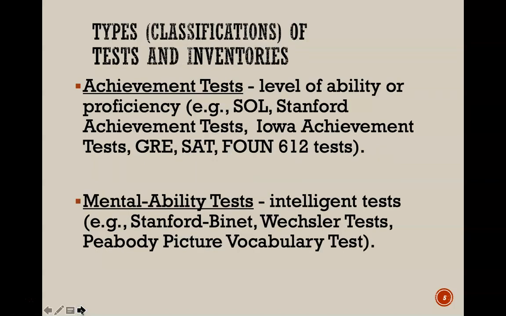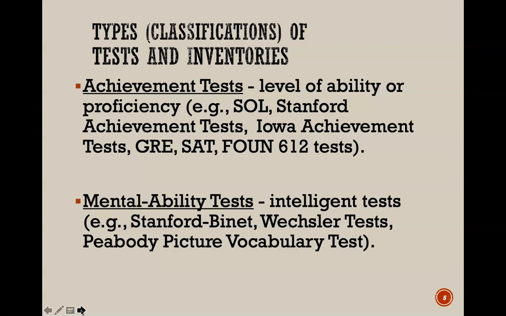Some other tests that most of you are probably somewhat familiar with: we have different types of achievement tests that talk about your ability or your proficiency. Commonwealth of Virginia has SOL tests. There's also the Stanford 9 Achievement Test, Iowa Achievement Test, GRE for people who are going into graduate school, SATs, the tests that we have here in class.